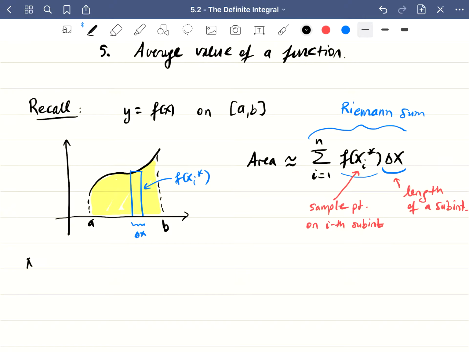So note, the more rectangles we use, the better the approximation.